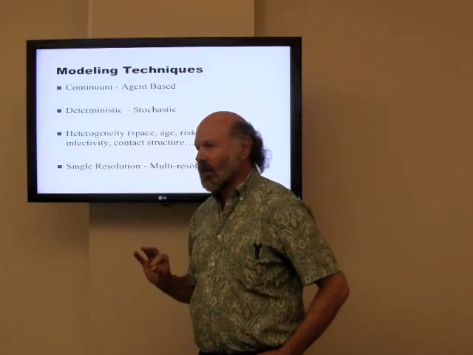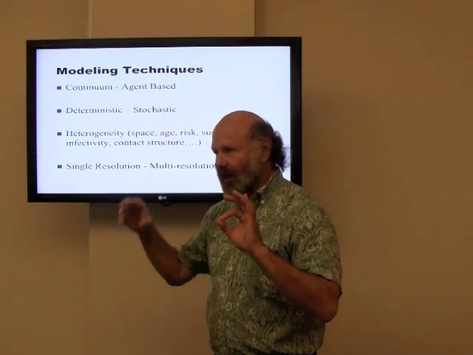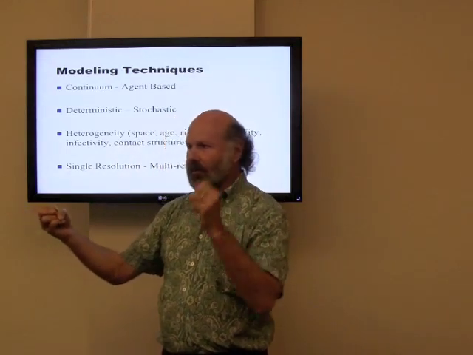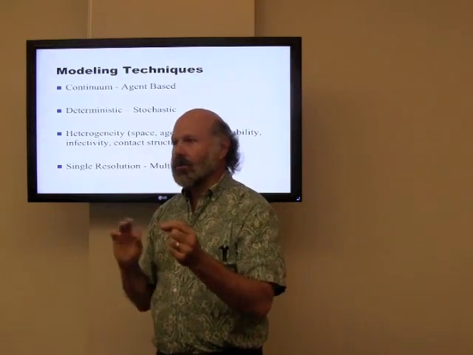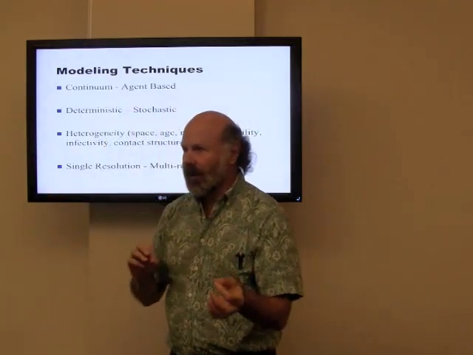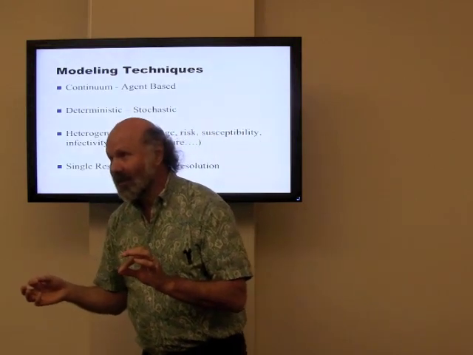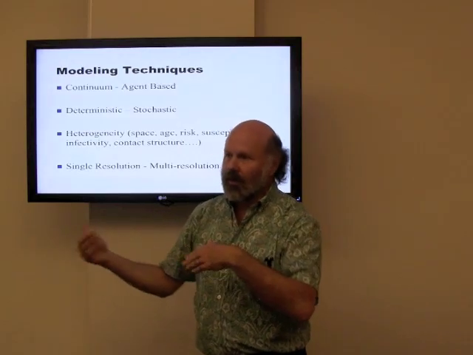Today's standards include the probability of transmission per contact. That's a product of two things: how susceptible the person is and how infectious the infected person is. And that's not symmetric for heterosexual transmission. It's easier for a man to infect a woman than it is for a woman to infect a man. It goes easier in one direction than the other.